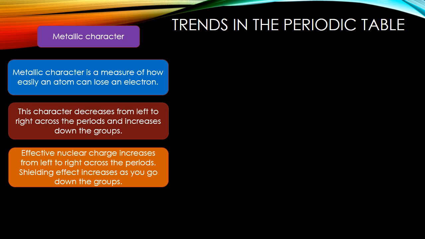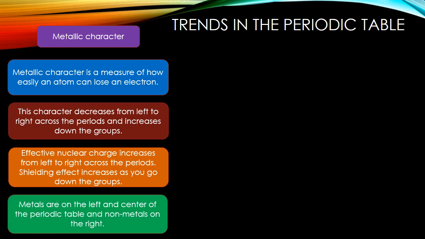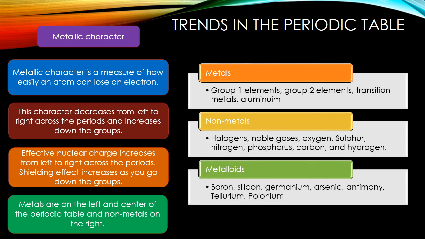Metallic character increases going from top down the groups because of increase in shielding effect. So generally, metals are found on the left-hand side and center of the periodic table, while non-metals are found on the right.